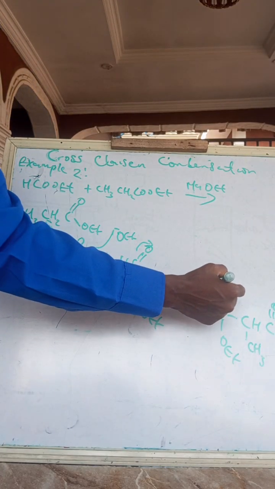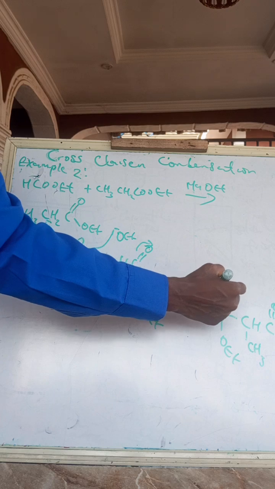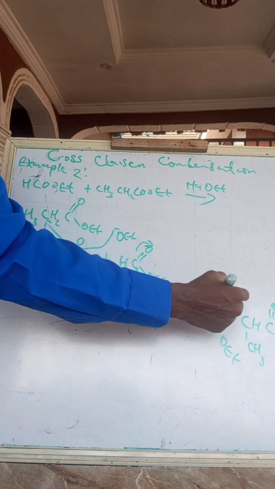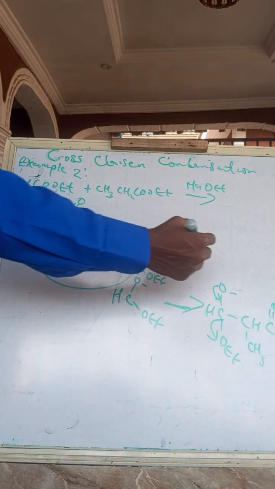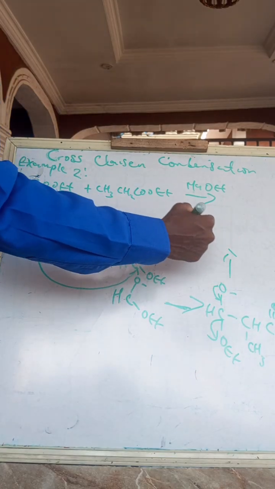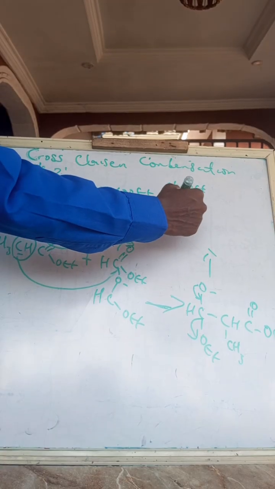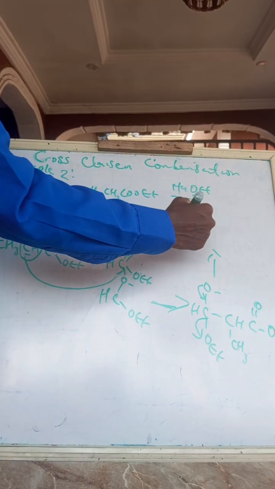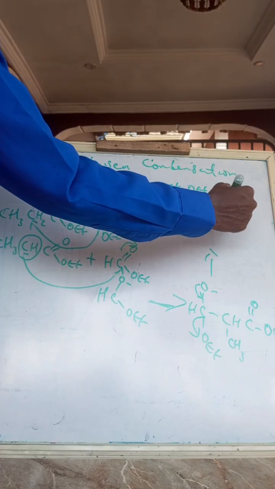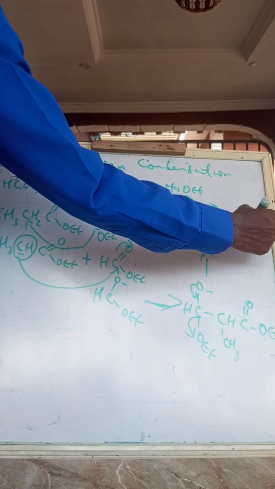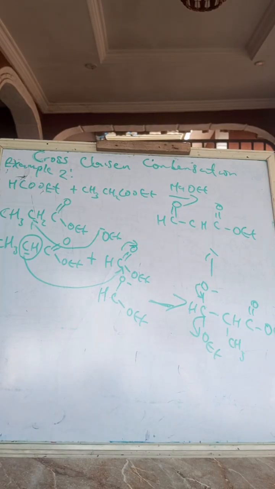So this single bond, the excess electron comes in to form a double bond, and there's an elimination of this group, leading to the formation of this. So this is a successful cross-Claisen condensation reaction mechanism.